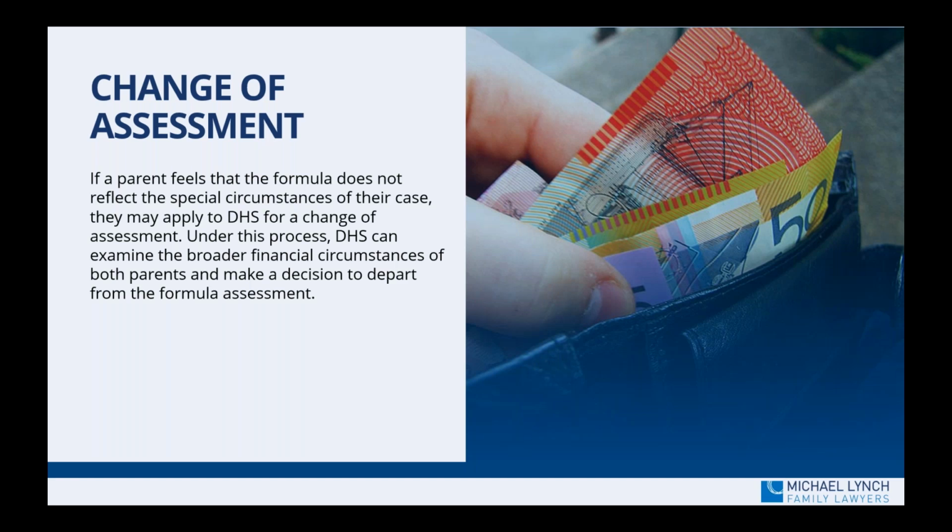Changes that may affect the assessment include your child is turning 18 and is still in continuing education, you and the other parent decide to get back together, the amount of care you provide for your child changes, you have a child with another partner, your child is legally adopted, you and the other parent have another child together, your child marries or starts to live in a de facto relationship, a parent or child included in a child support assessment passes away. So it's important that your clients are updating the department in terms of their circumstances.